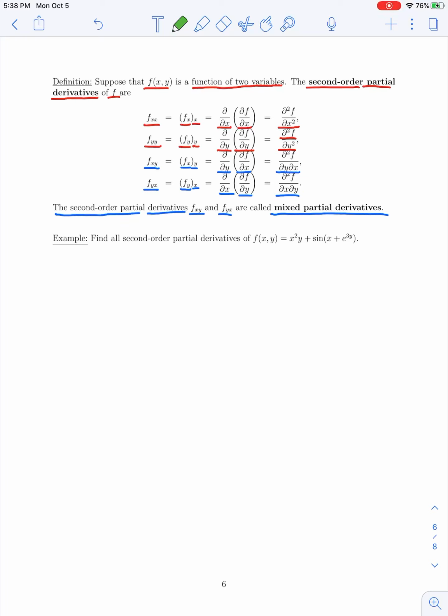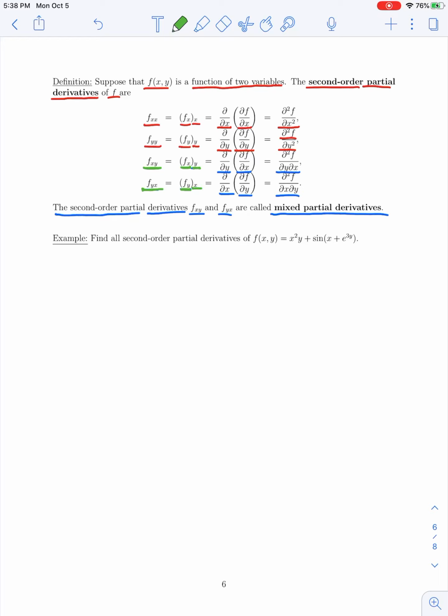If we're using the subscript notation, say f xy or f yx, the order of differentiation is determined by reading the subscript from left to right. So for instance, f sub xy is found by first differentiating with respect to x and then with respect to y, or f sub yx would be found by first differentiating with respect to y and then with respect to x.